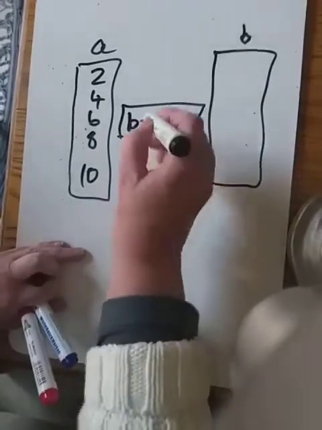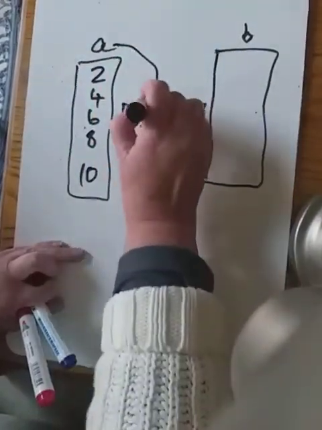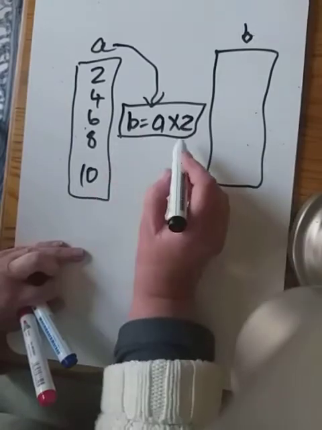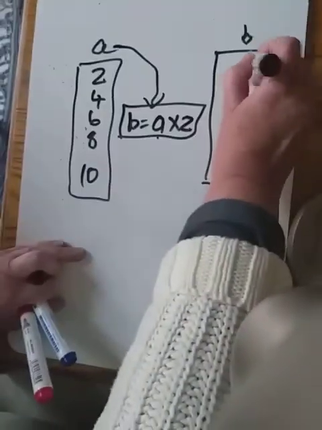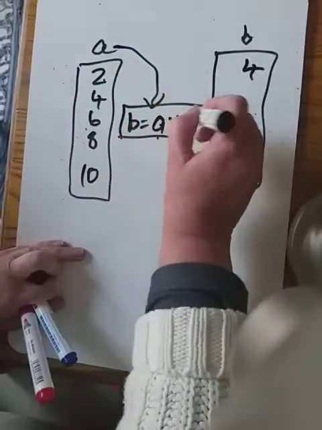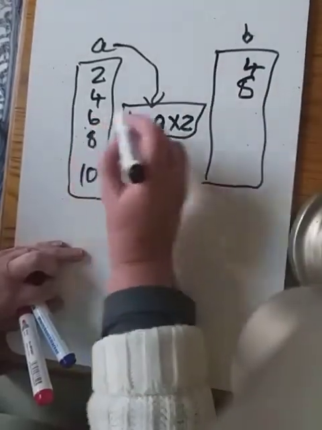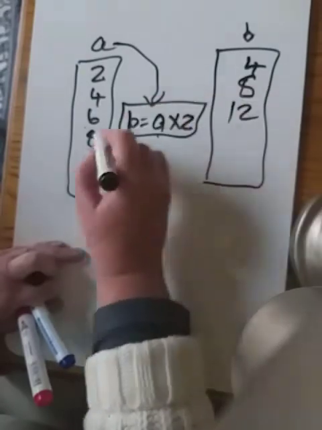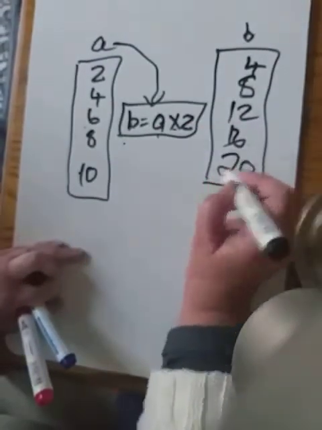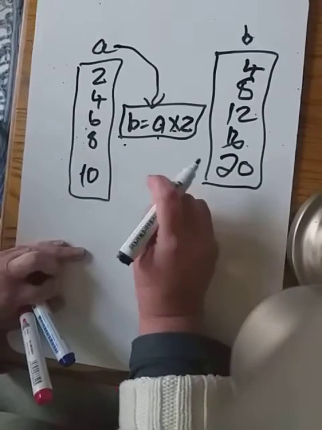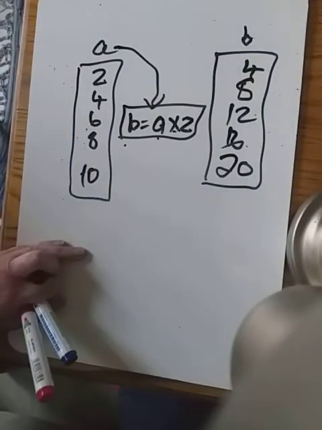Literally, you're just going to put A into the sum, and that's what we do, we substitute. So 2 times 2, 4. 4 times 2, 8. 6 times 2, 12. 8 times 2, 16. 10 times 2, 20. And we're done. Okay, you're going to complete those 3 pages as well.